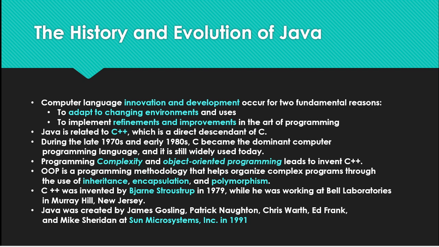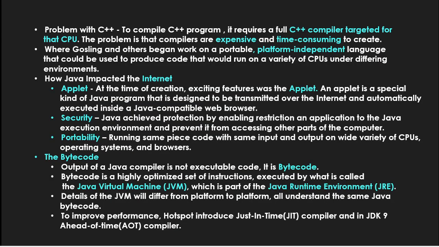In 1991, Java was created by James Gosling, Patrick Naughton, Chris Warth, Ed Frank, and Mike Sheridan at Sun Microsystems. So this was the history. Later, there were some problems with C++ that led to the invention of Java.